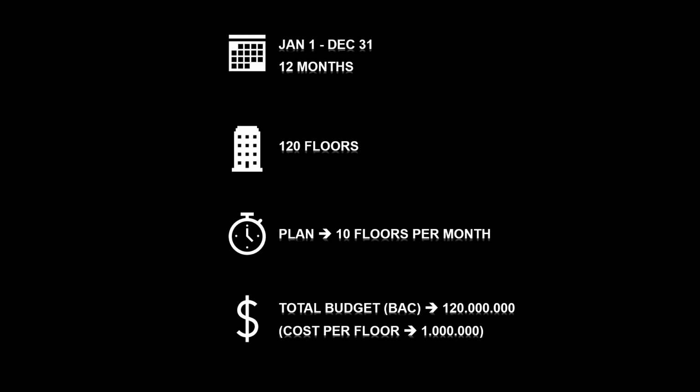Now let's imagine we have end of August and have a look at the project indicators. Starting with the planned value, which is $80 million at the end of August.